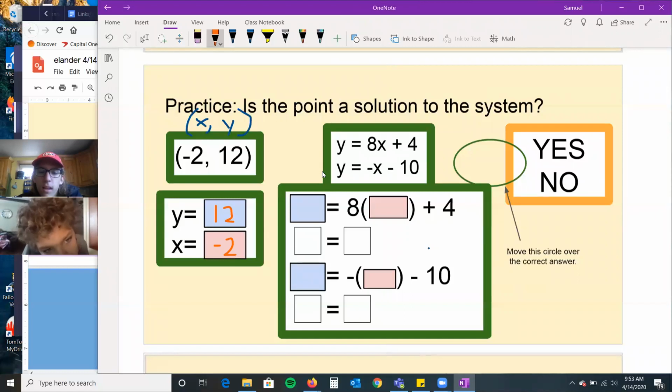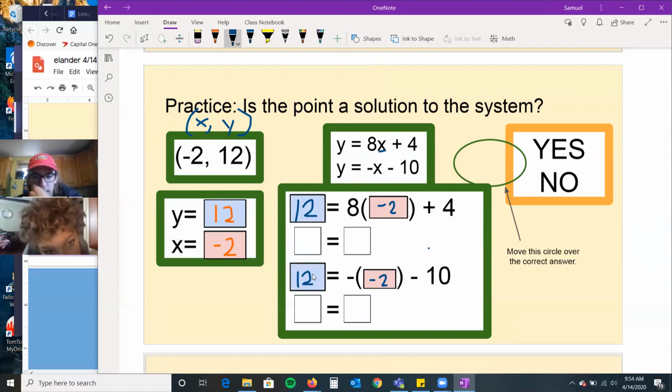Put those in, and so now I say, okay, I know what my x is, I know what my y is. So I'm going to plug them into my equations. So I'm going to plug in, or substitute, I should say, -2 in for x, right here, right? I'm basically plugging in there, and plugging in for this x here, -2. Now I plug in my y value, my 12, in here, and in here.